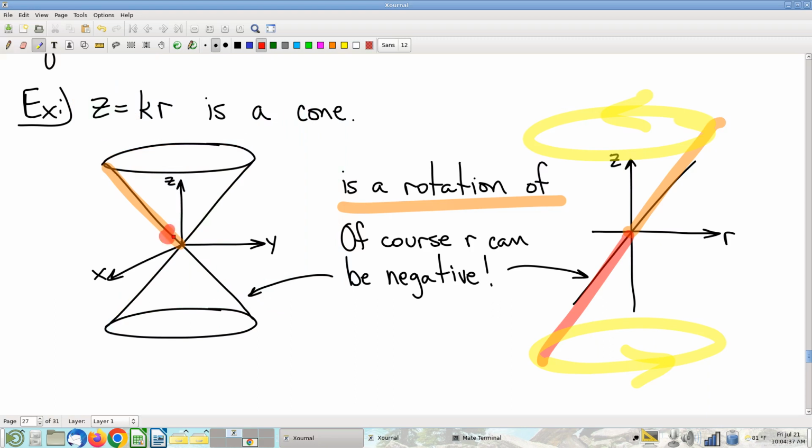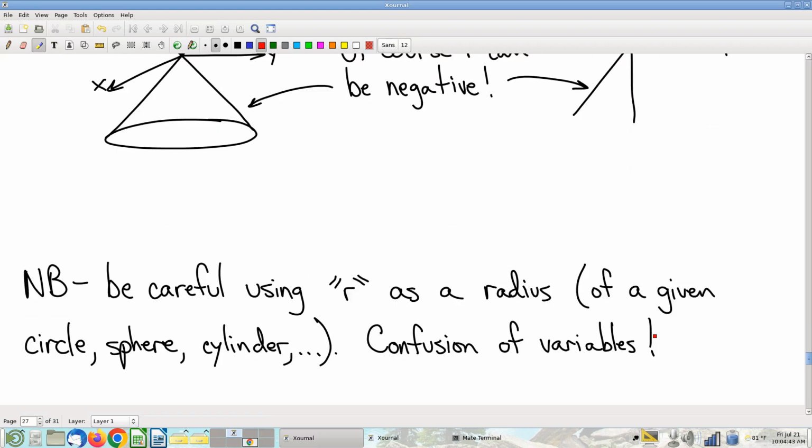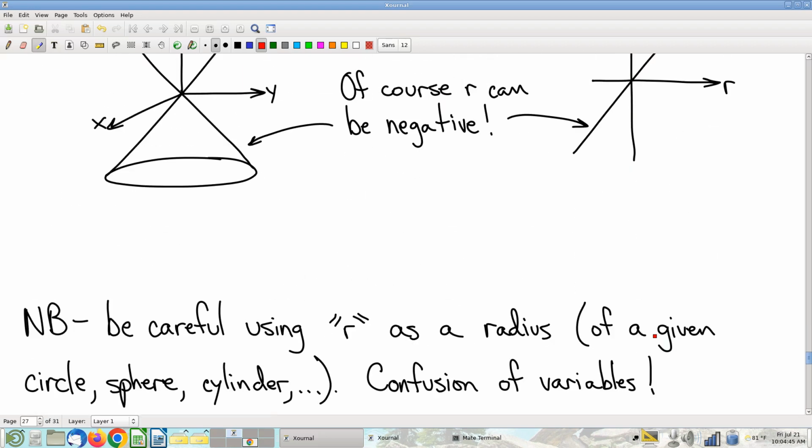Okie dokie. Alrighty, moving along. One real quick thing. Very often, when you're doing polar coordinates or cylindrical coordinates, there are round things in your story. There might be a circle in your picture. There might be a cylinder. There might be a sphere, whatever, right?